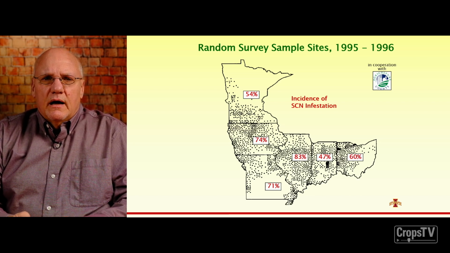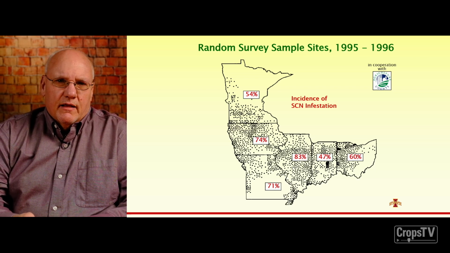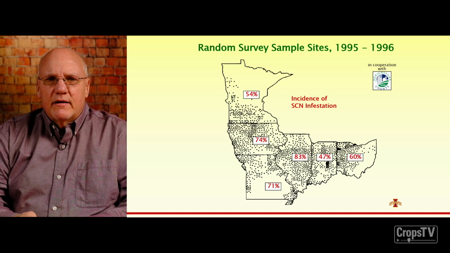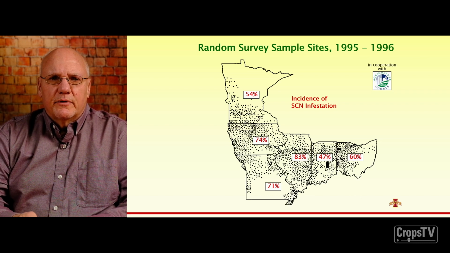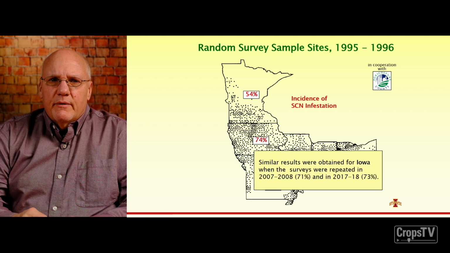For Iowa, 3 out of every 4 fields that were sampled in that survey tested positive for soybean cyst nematode. In Illinois, it was 4 out of 5 fields, or 80-some percent, and you see the various other percentages there. Now, at Iowa State, we have repeated that survey twice since the mid-90s.